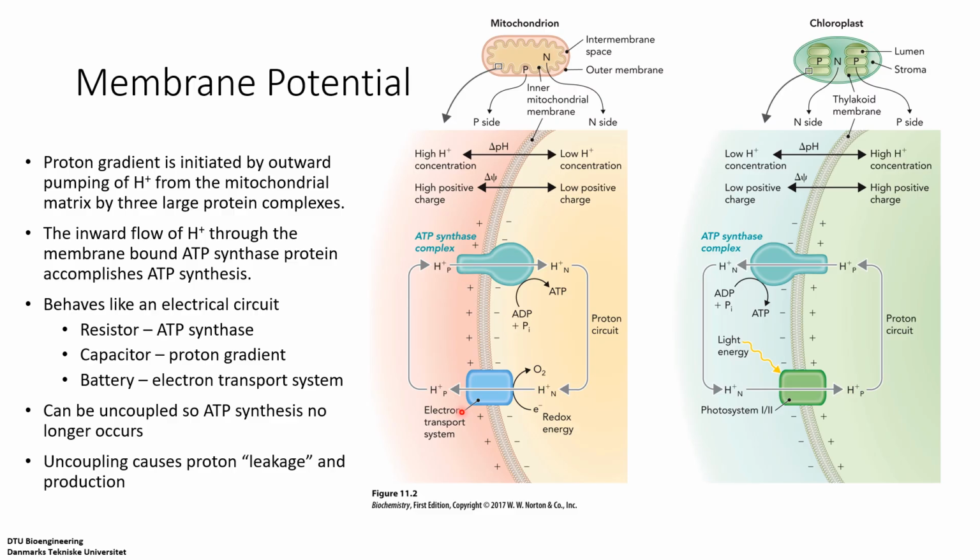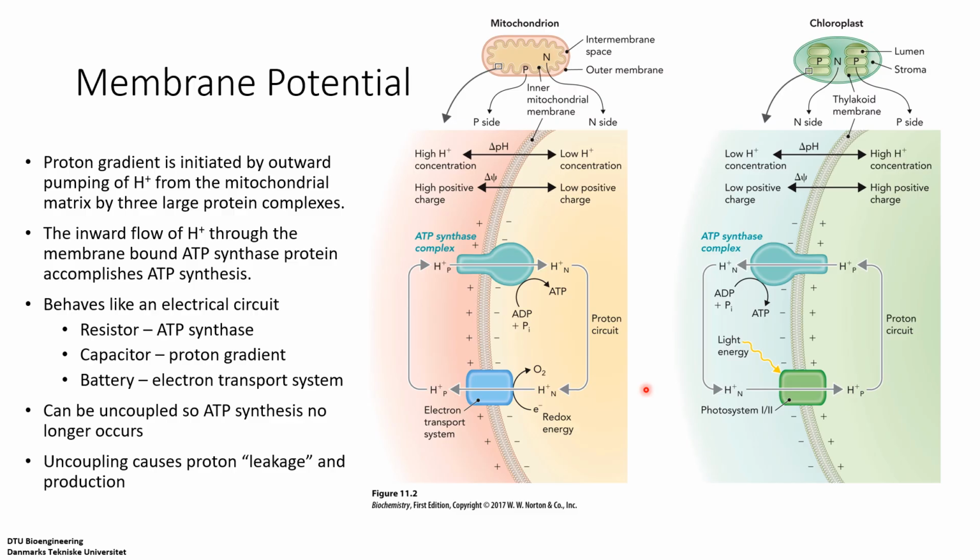Just to recap, the photosystem in the chloroplast acts exactly the same way. Here, light is inducing photosystems 1 and 2 to pump protons into the thylakoids, and the ATPase then produces the ATP. So there you see it's the same principles.